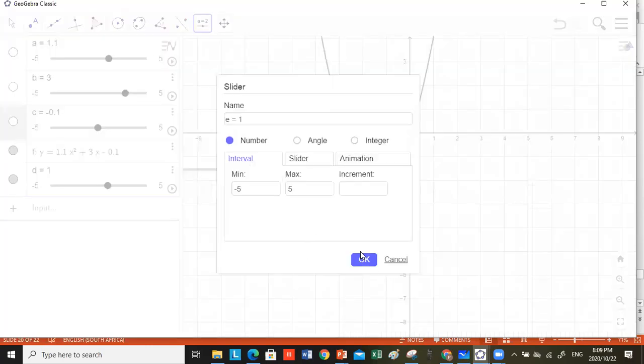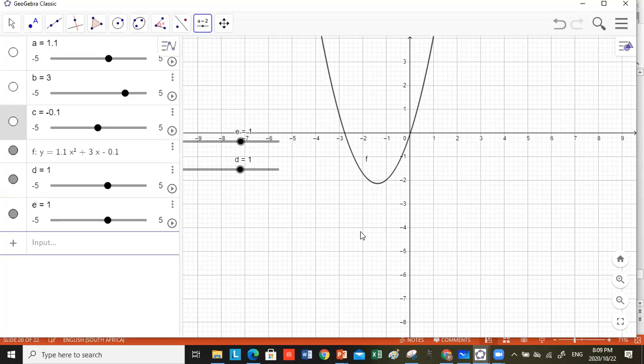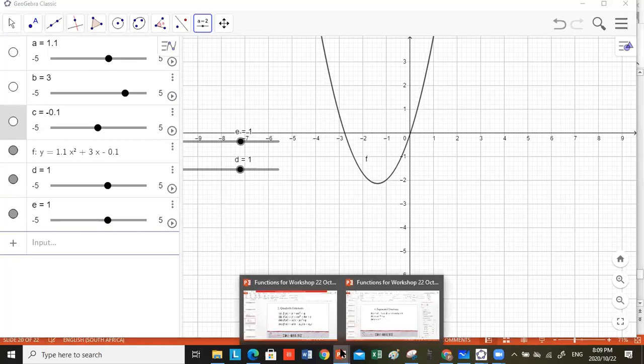So this is how we can explain. Whilst we're explaining, we can also use GeoGebra to show how the parameters affect the particular function. Let's look at another one.